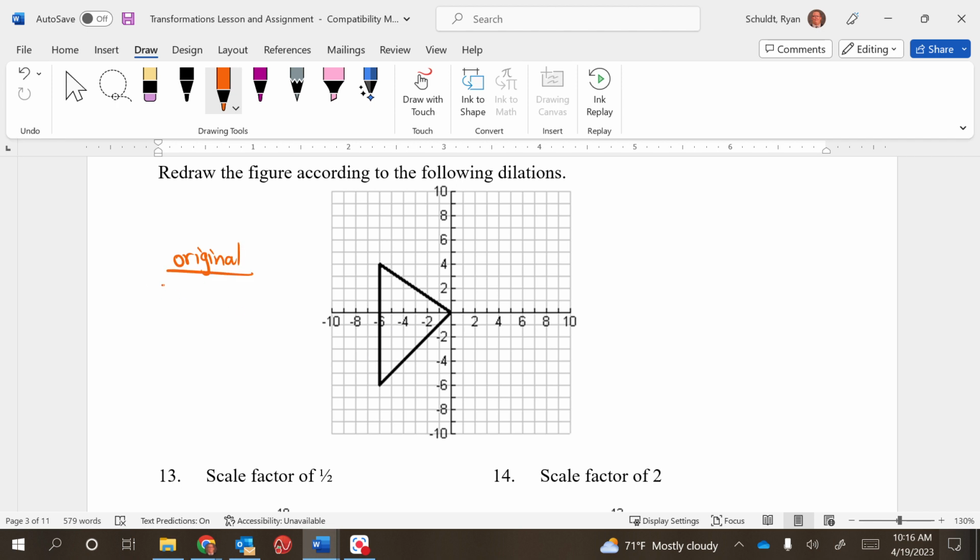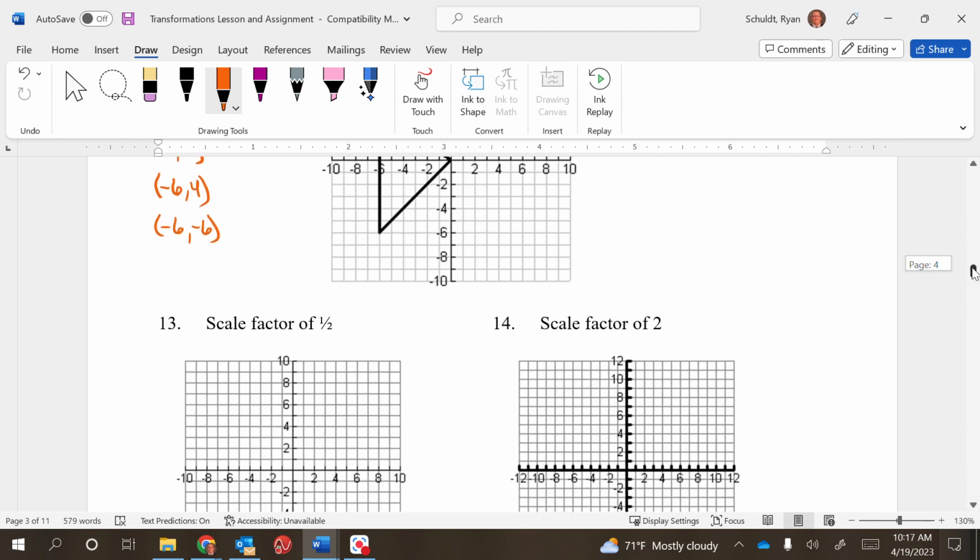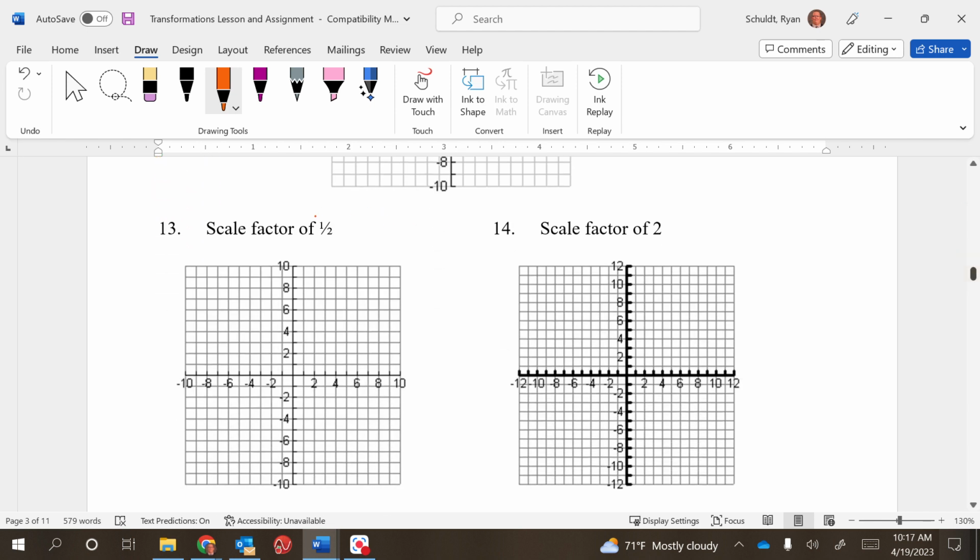So 0, 0. That's a point. Then we went to negative 6, 4. And then negative 6, negative 6. Okay. So if I do a scale factor of 1/2, I have to take all of my points and multiply them times, you guessed it, 1/2.